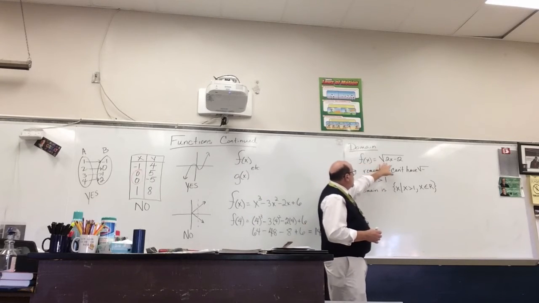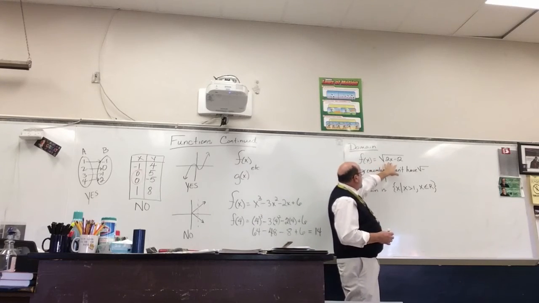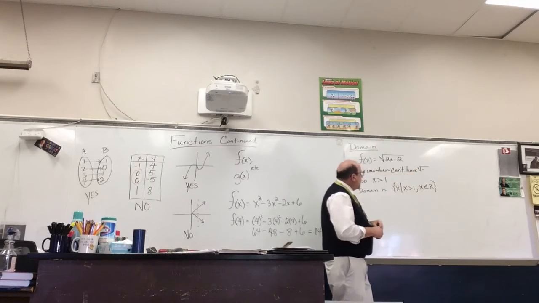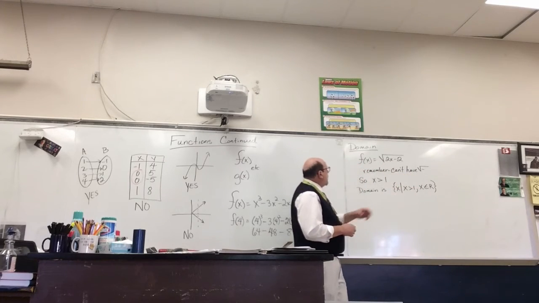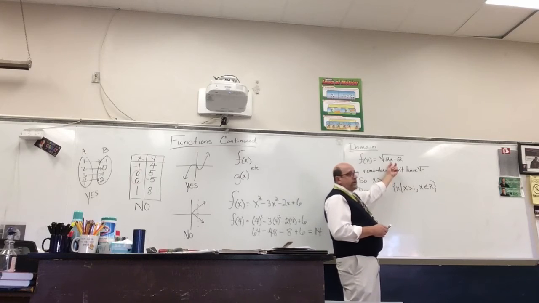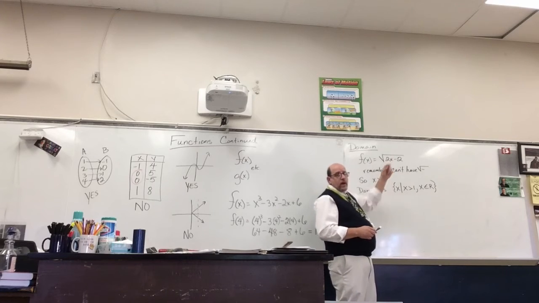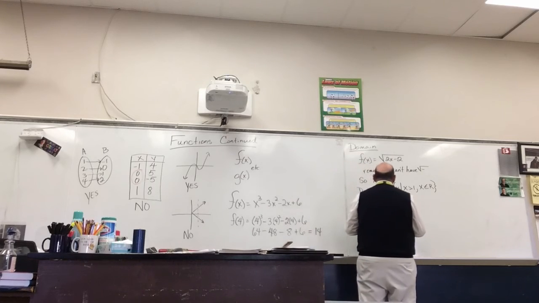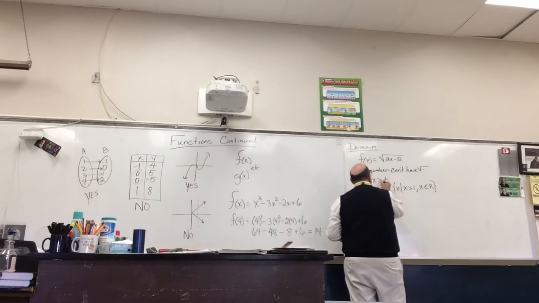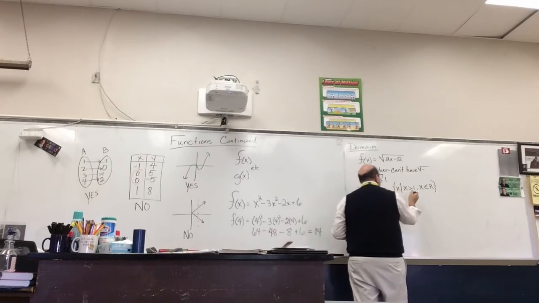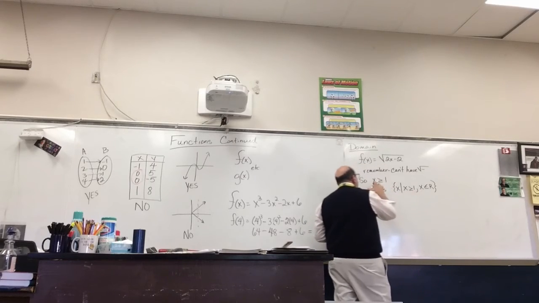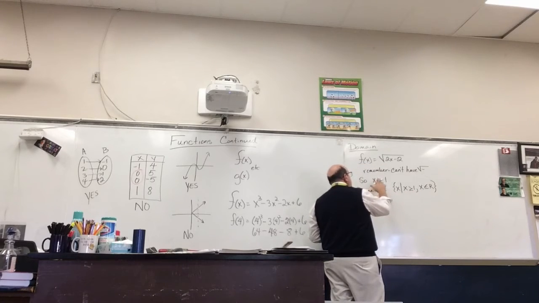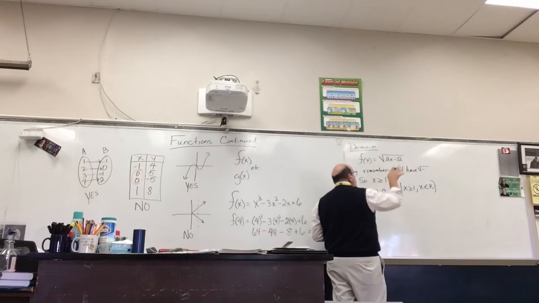We need to look for any values that will give us a negative square root. Well, if we have the number 1, we're okay, right? Because the square root of 0 is 0, right? And so anything where x is greater than or equal to 1, we're good.